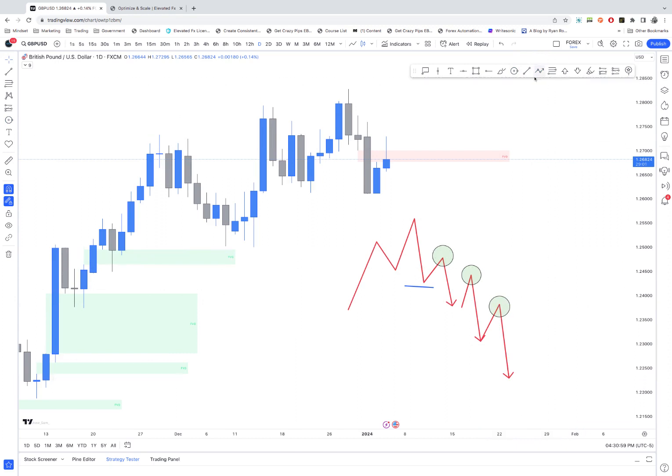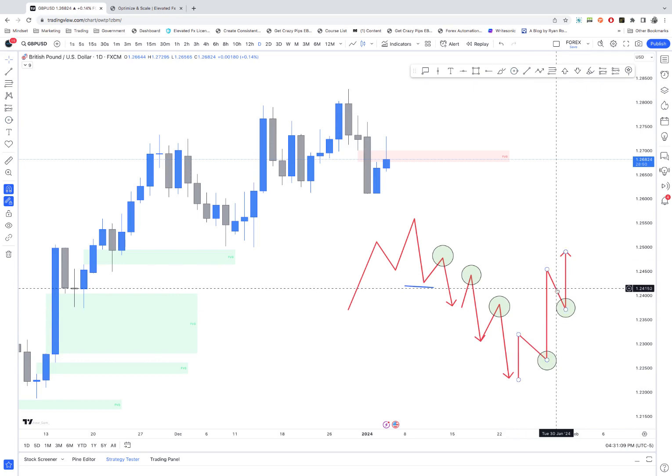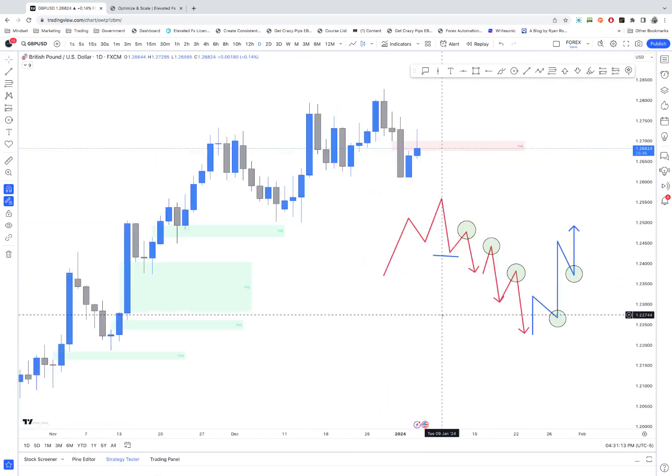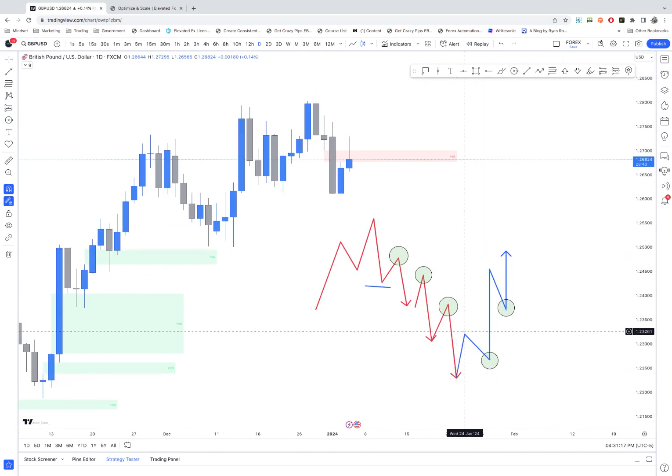Until the price changes direction again and starts to do the opposite, right? For us to buy, and I'm just gonna change this to a blue scenario. And it's really as simple as that.